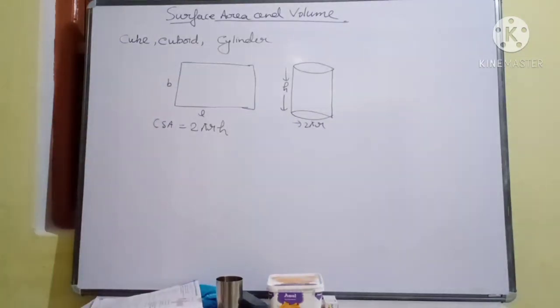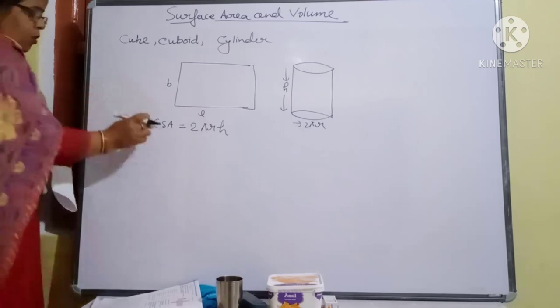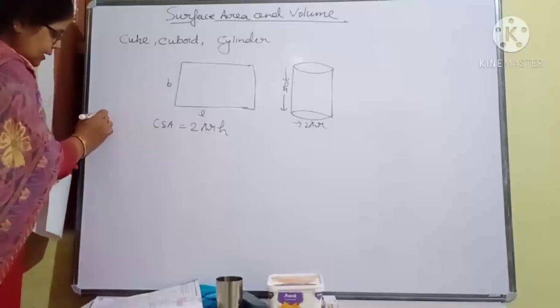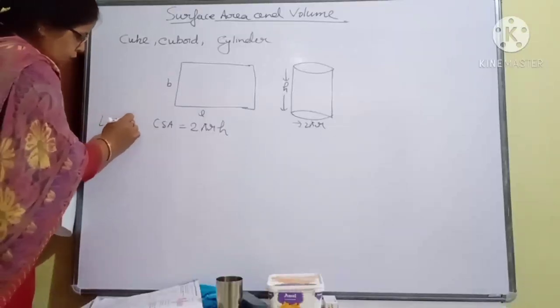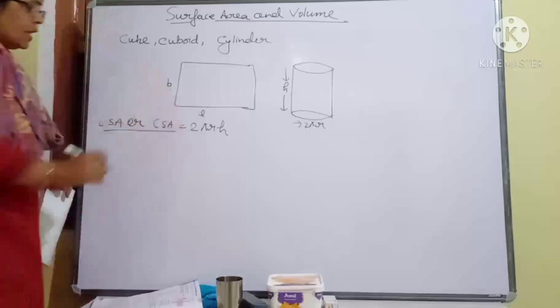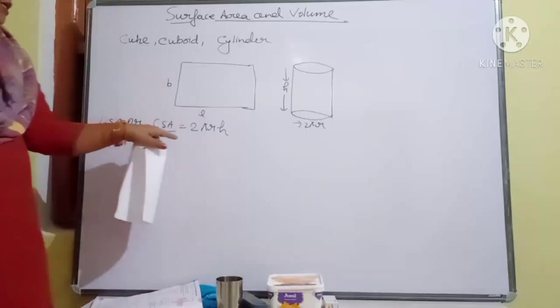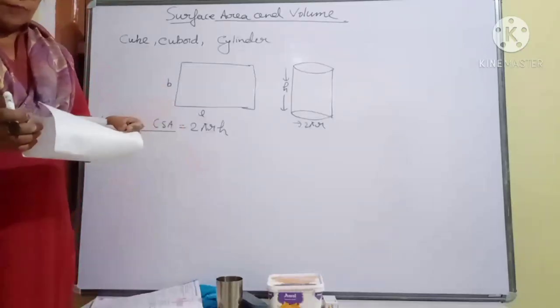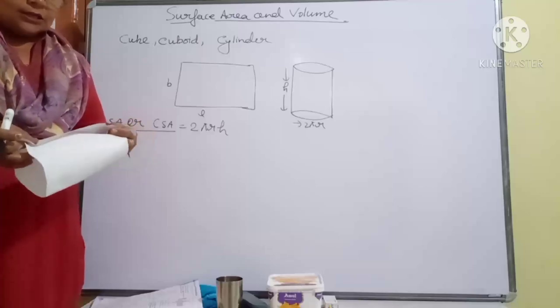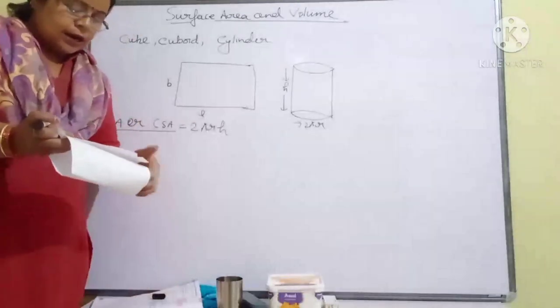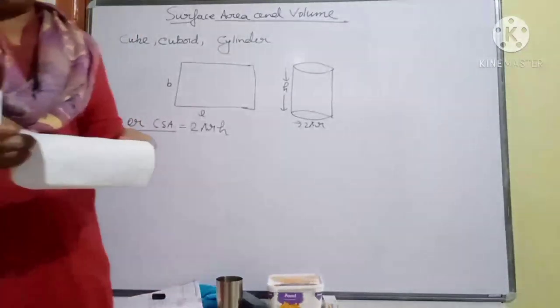Which formula we have understood just now, that lateral surface area, which is CSA, or we can say LSA or CSA, both are the same thing. Lateral surface area means top and bottom are not included in this.